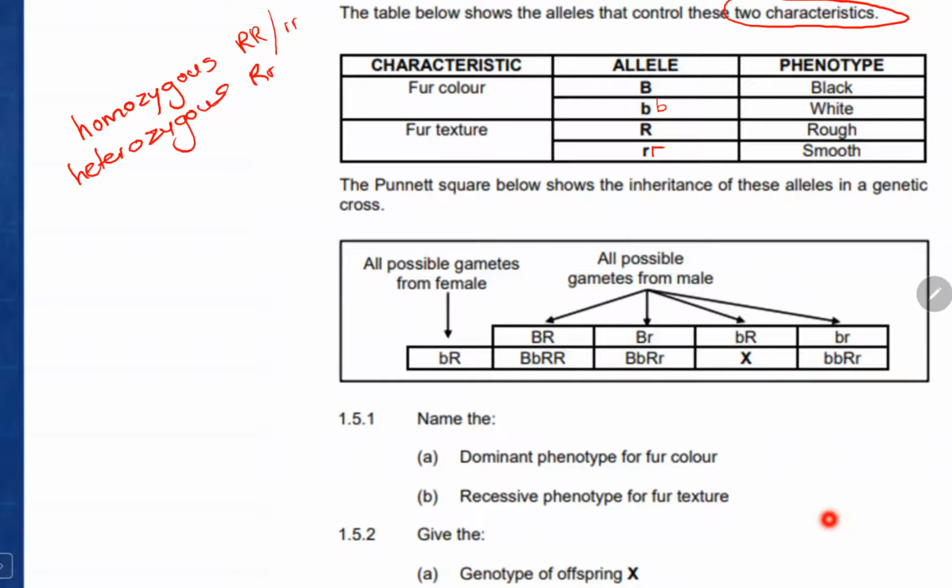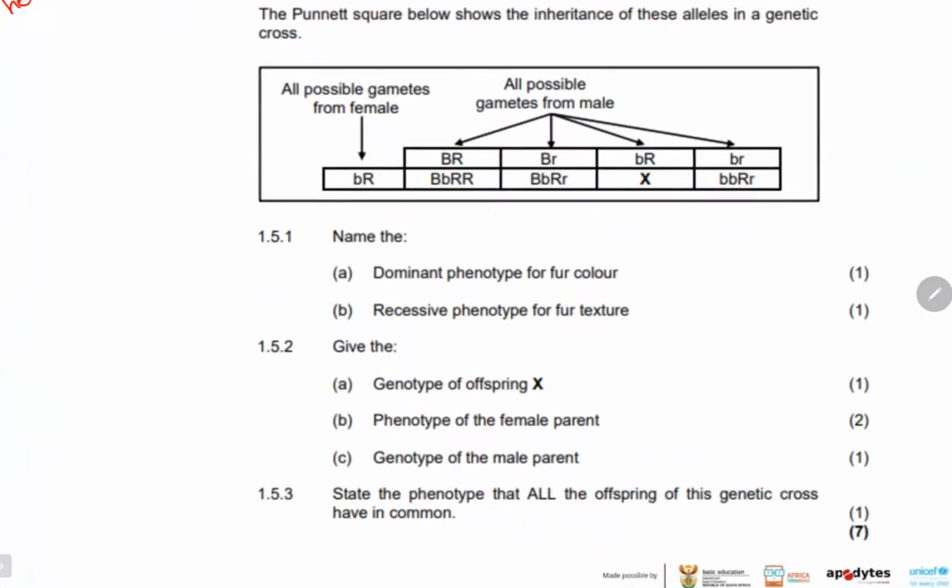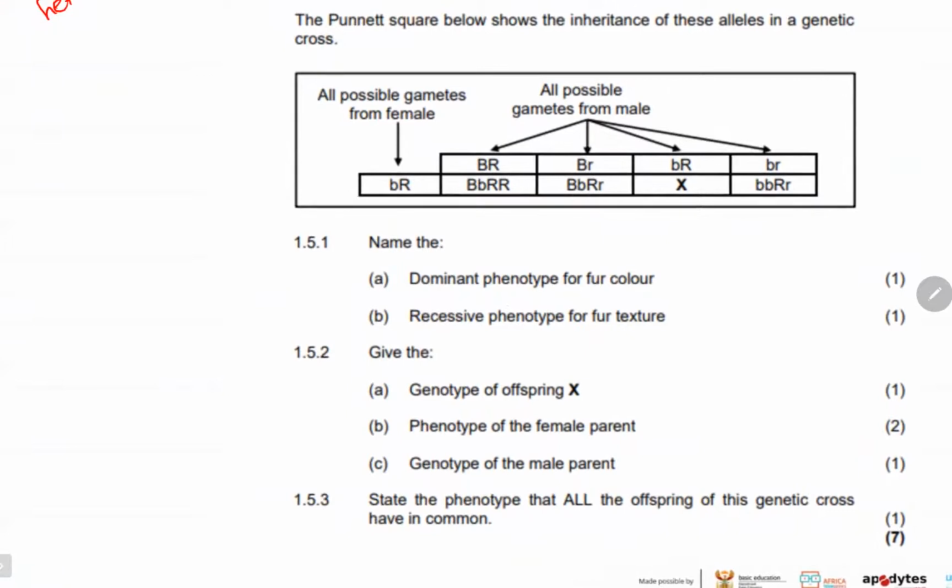The Punnett square below shows the inheritance of alleles in a genetic cross, and there we see all the possible gametes from the female over here on the left, and then all possible gametes from the male. Question 1 is asking us for the dominant phenotype for fur color.